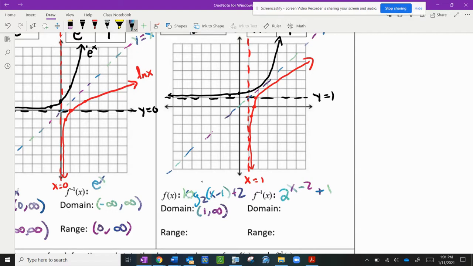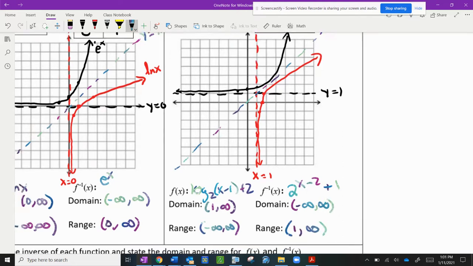And my range is still negative infinity to infinity. Whereas my exponential, its domain is negative infinity to infinity, and its range is from 1 to infinity.